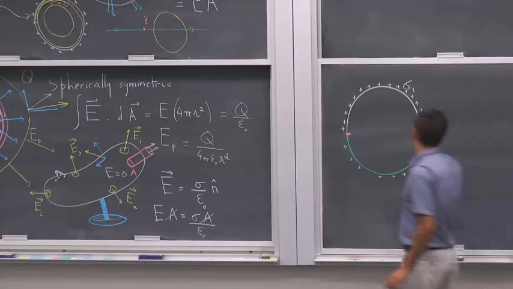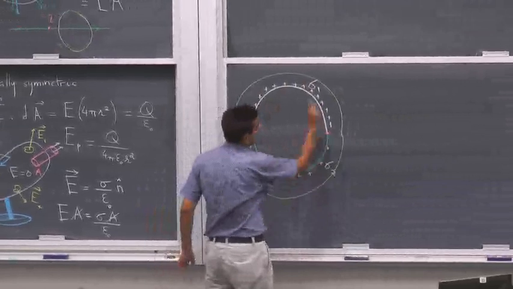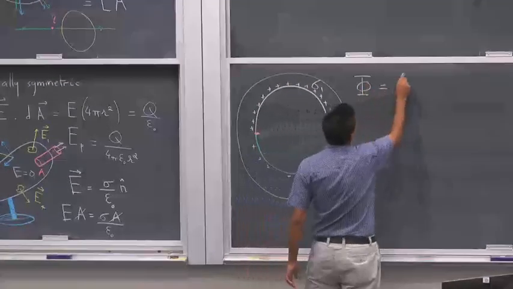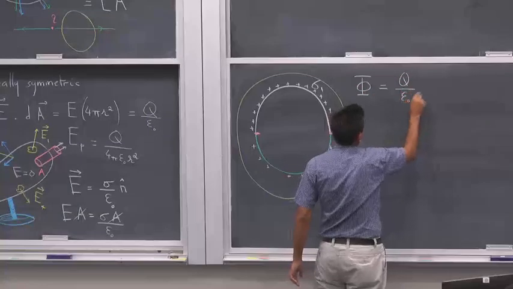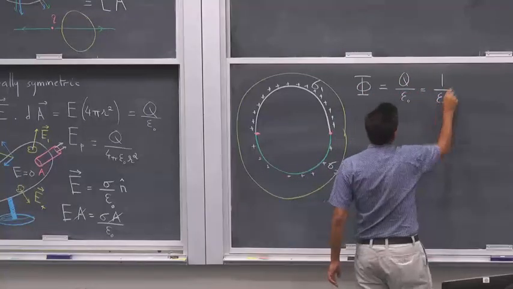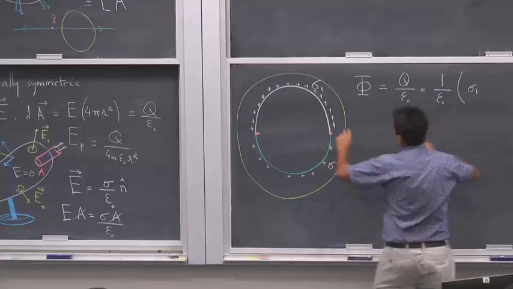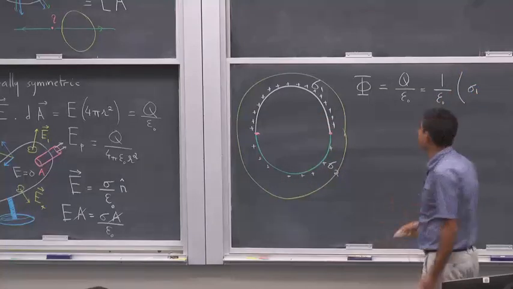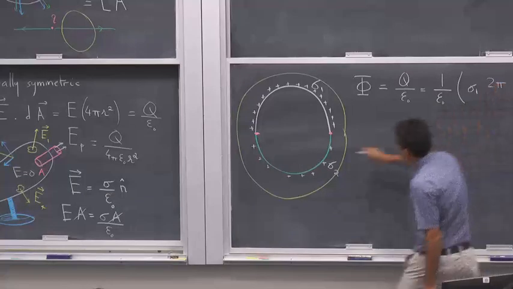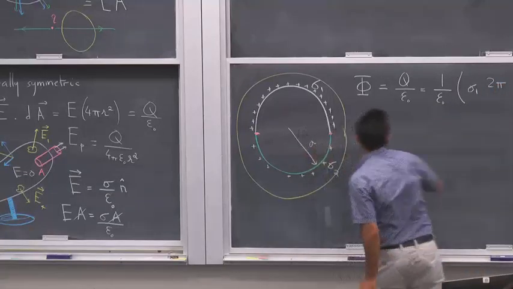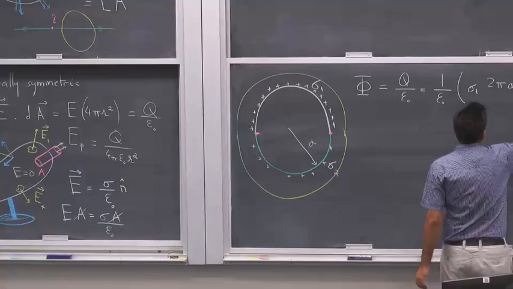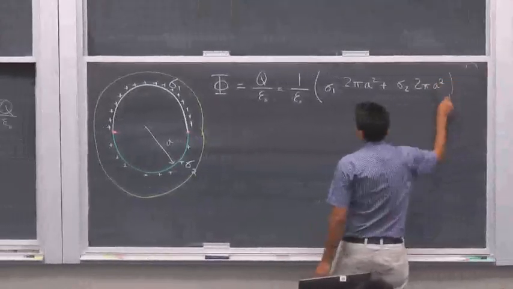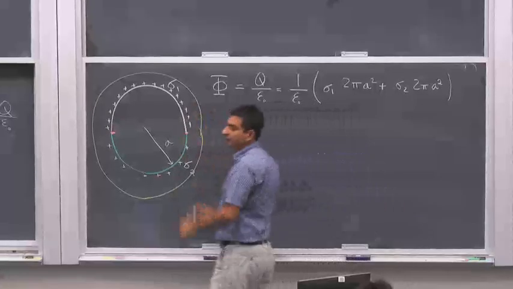So I can draw a Gaussian surface, and the flux through this surface is again going to be the total charge enclosed over epsilon naught. Now the total charge enclosed is sigma 1 times half of this surface area, 4 pi r squared divided by 2, which is 2 pi. If this radius is small a, 2 pi a squared, plus sigma 2 times 2 pi a squared. So this is the total flux that is coming out of this surface.